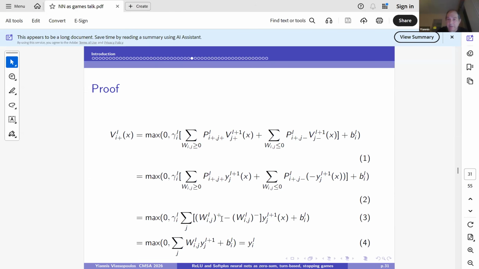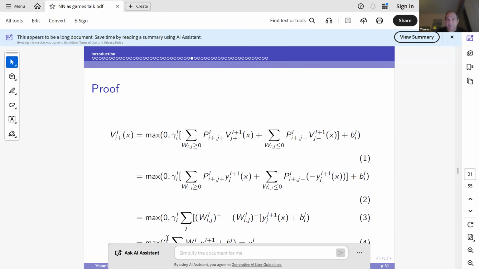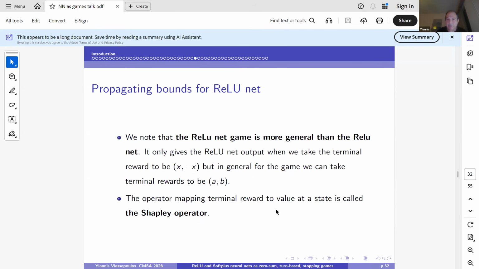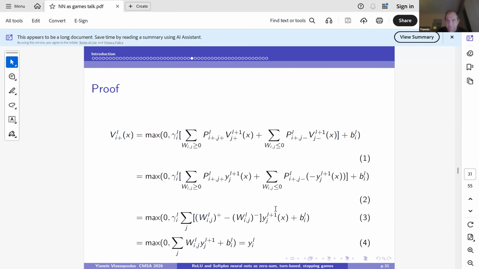When you rewrite this, you get the positive part minus the negative part, and that is the number Wij. So this is precisely the ReLU output. The ReLU output is nothing else but the Shapley-Bellman equation for this particular game.